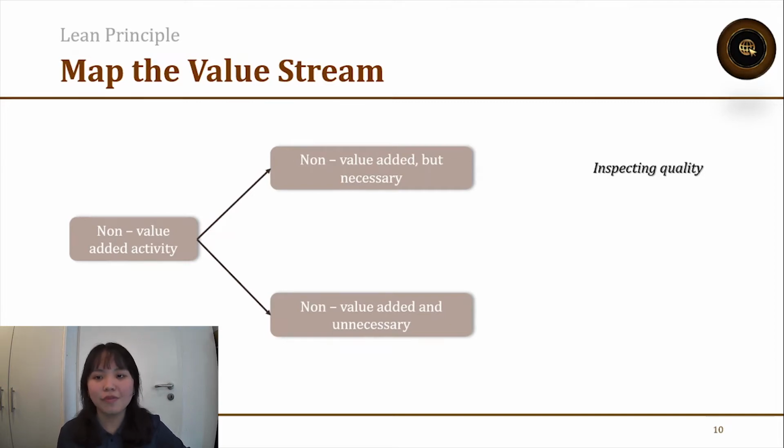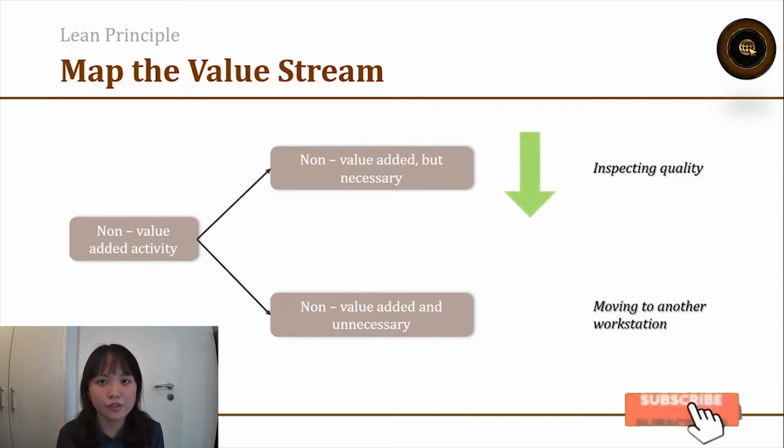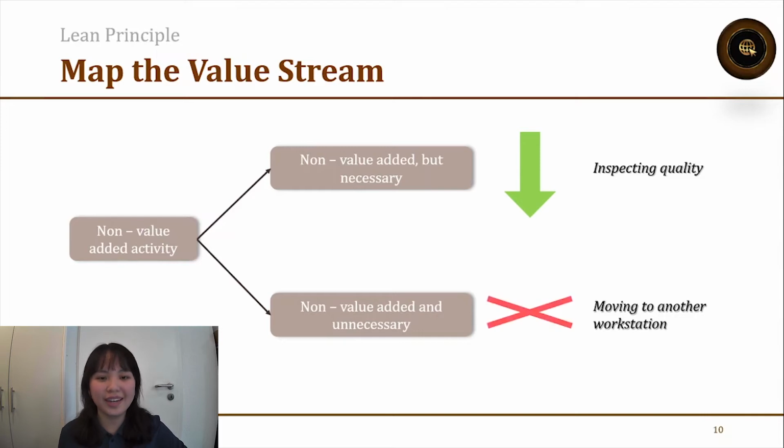But the example for non-value added and unnecessary is like waste of transport, for example, moving to another workstation to take a screwdriver. So from here, we can really see that non-value added activity but necessary needs to be reduced only and not eliminated, while the non-value added and unnecessary one should be eliminated.